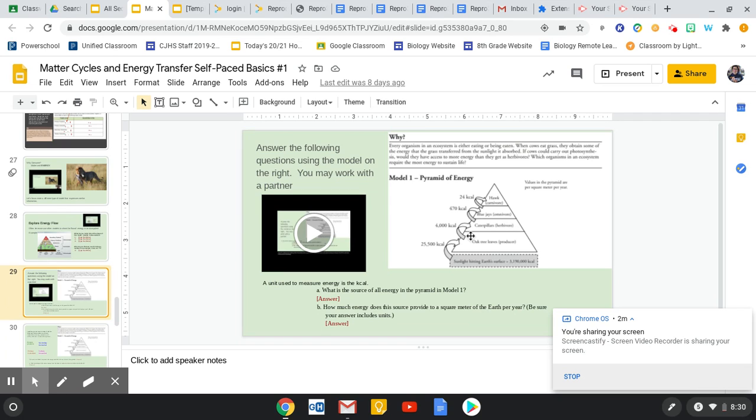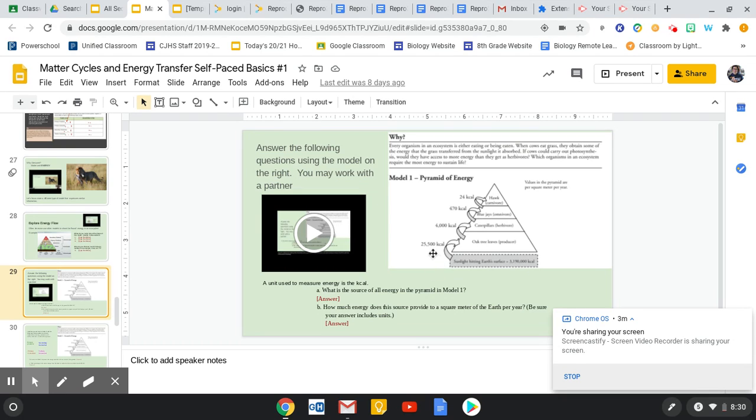Okay, so really quickly, the shape is important when we're talking about energy and energy pyramids. The reason is because if you notice, as we get closer to the top, we get smaller and smaller and smaller. And there's a reason why we use the pyramid shape. That's because we lose energy as we go up it.